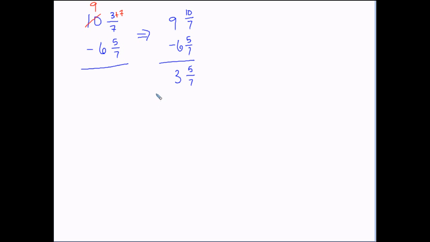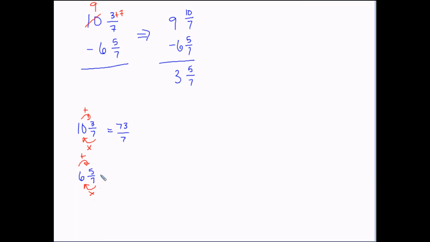Now, if you don't like borrowing, and that's confusing, the other way to do this is to convert these to mixed numbers. So again, we multiply this, and we add it to that. So this will become 73/7, and then 6 and 5/7, multiply and add.